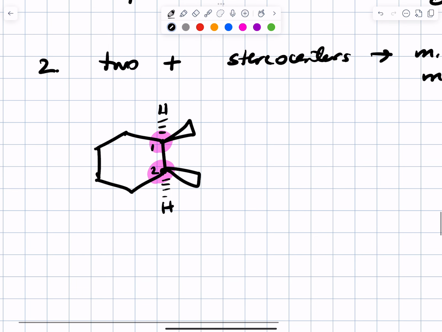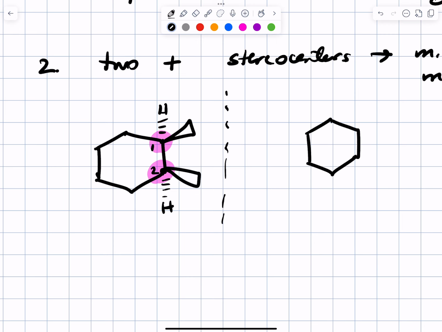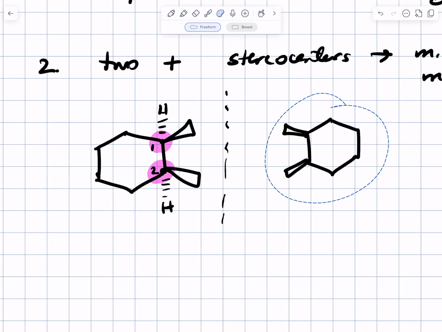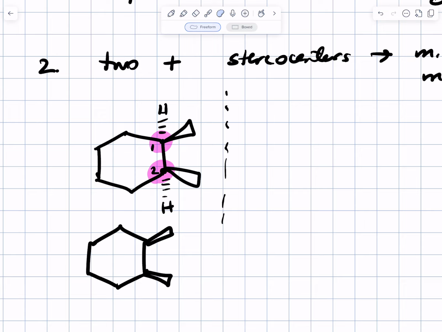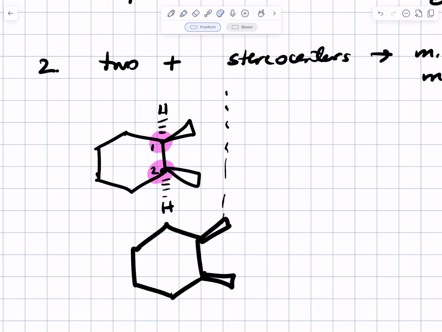Now, is it the same thing? Well, let's draw the mirror image. And then we will use the claw to twist the molecule around 180 degrees, and it's the same thing as its mirror image. Do you see that?